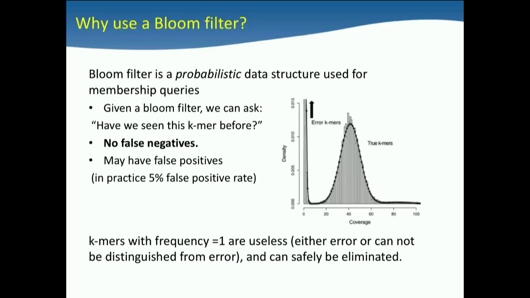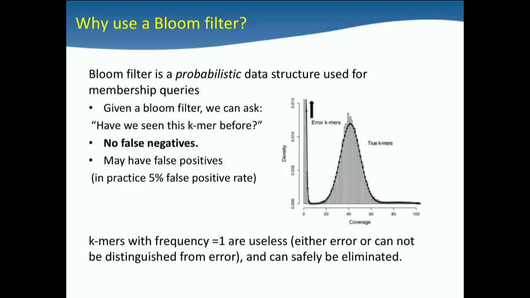But if it says you have seen it, there might be an error, because this is a very compact data structure, and its size is smaller than the cardinality of your input. There'll be some collisions, and I'm not going to go into detail on how a Bloom filter is implemented, but you can drive this false positive rate as small as you want. There's a trade-off between size and false positive rate.